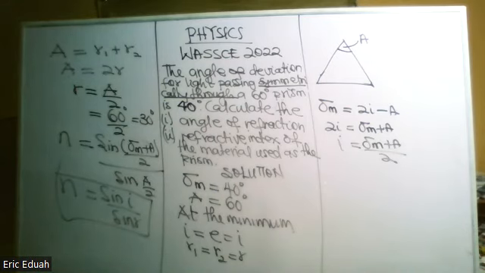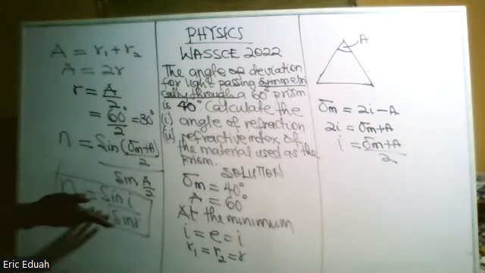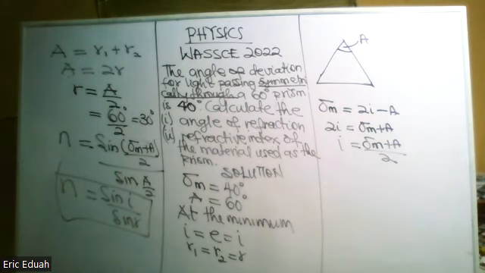Okay, so if you use this to find I, then you can use the second equation, or you forget about the second equation and use the first one to find the refractive index. Are we okay?